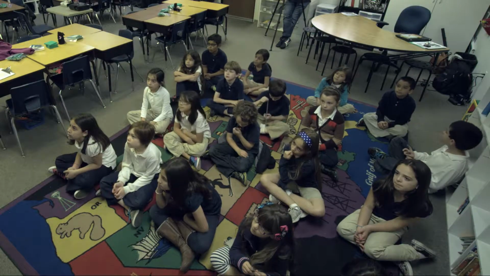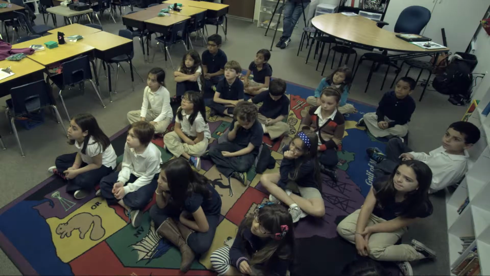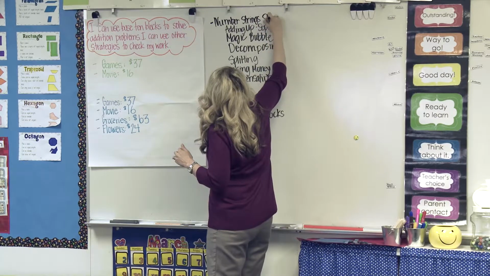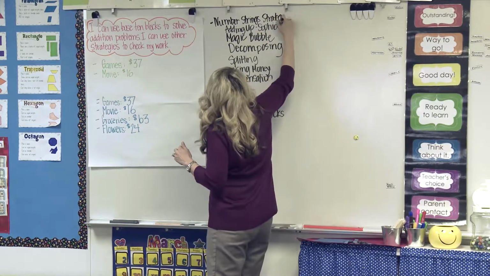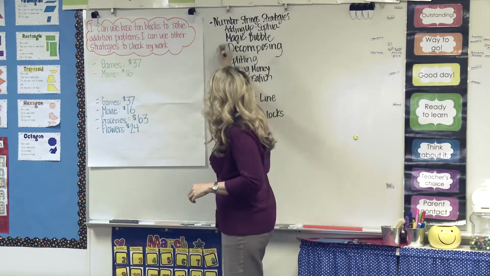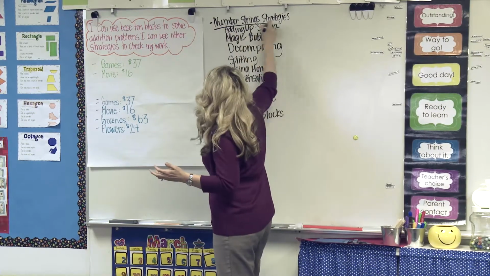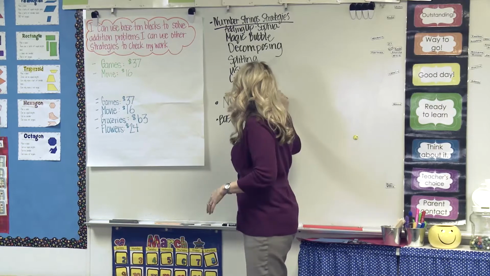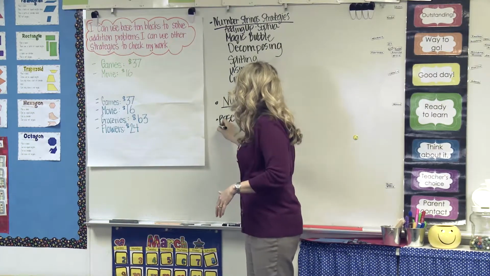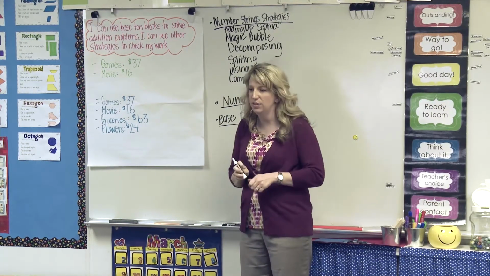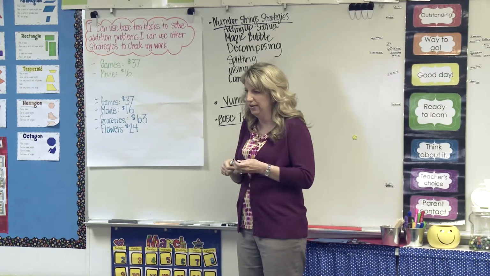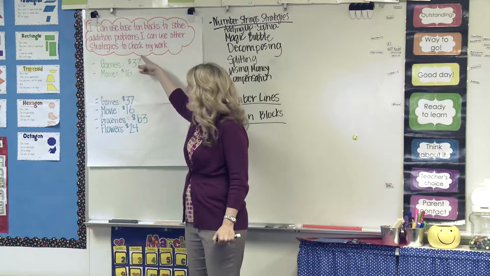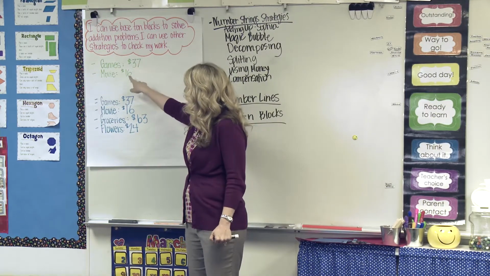So these are all tools that we have. We have our number string strategies, which have so many tools in that toolbox. We have number lines, we have base 10 blocks, so lots of different ways that we can put numbers together. So, these are only 2 sets of numbers, right? We have a 37 and a 16.